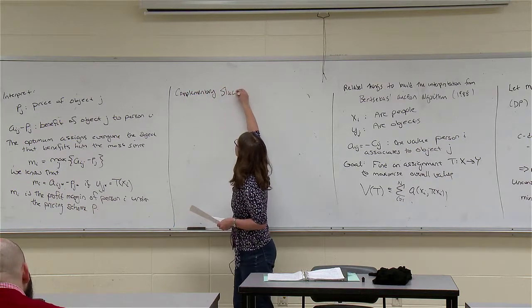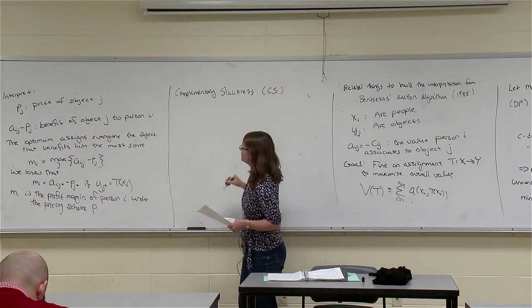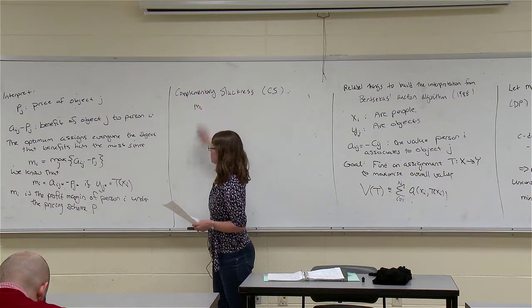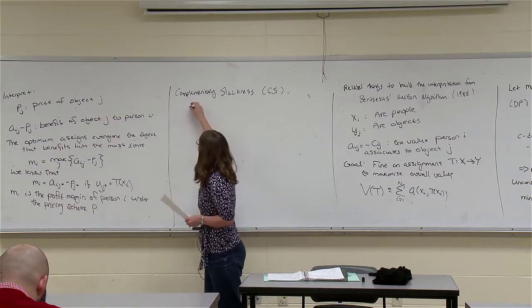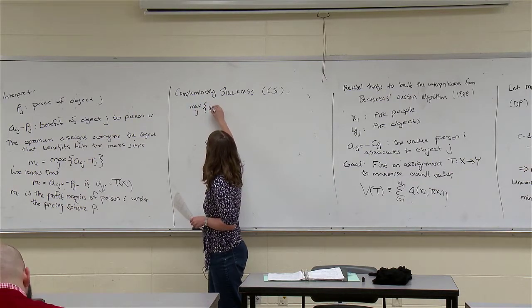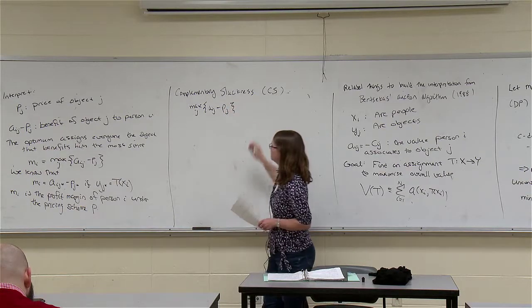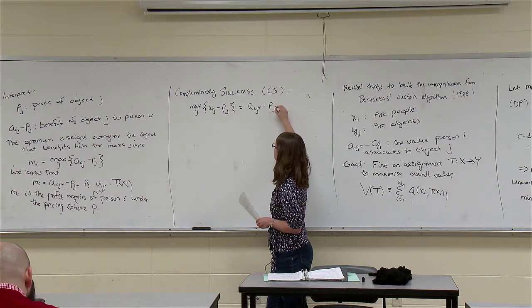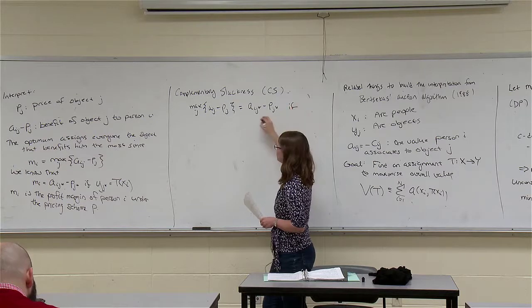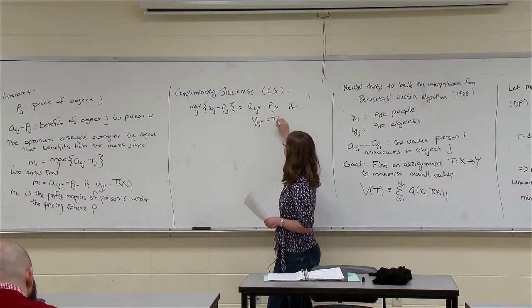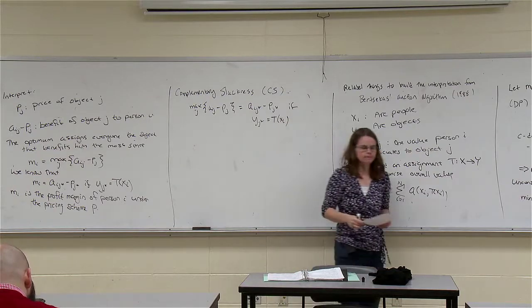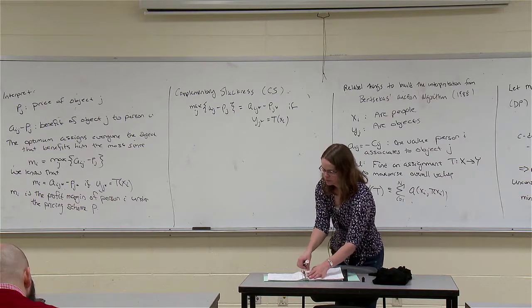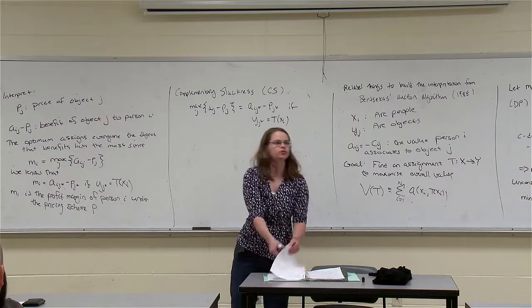So complementary slackness, or CS, so I don't have to keep writing it, is precisely this condition, that m_i, let me put it this way, the maximum over all j of a minus p is attained at precisely this value of j* that we get from the map. Okay, this was the nice relationship we had between our primal and dual problems.